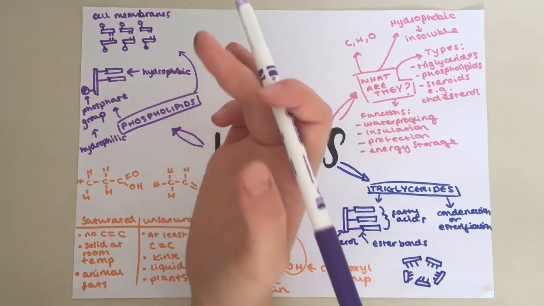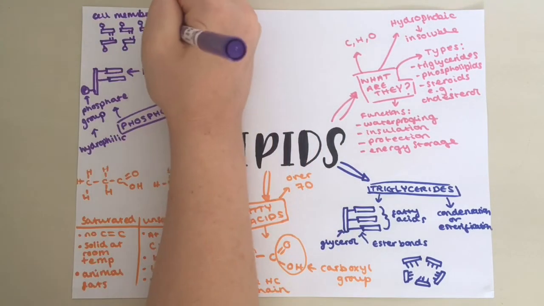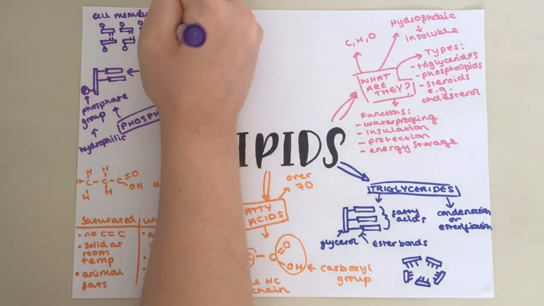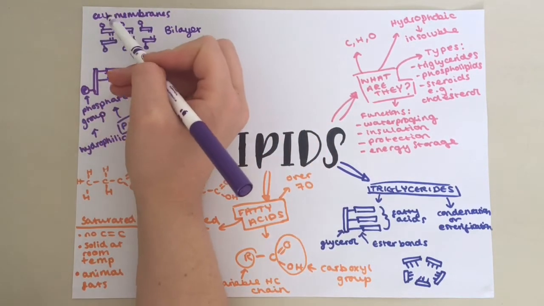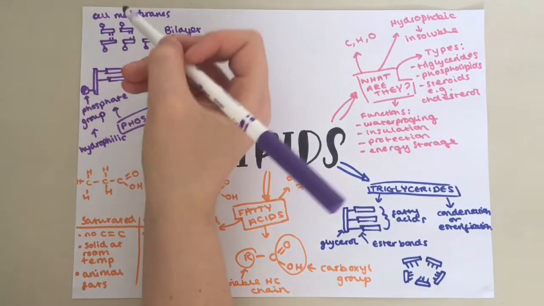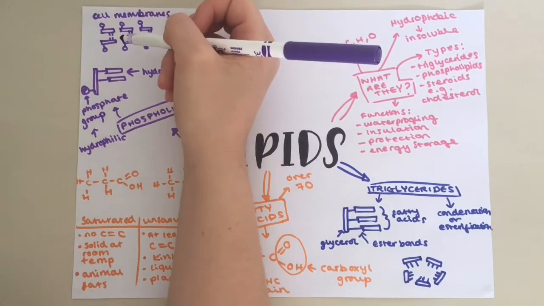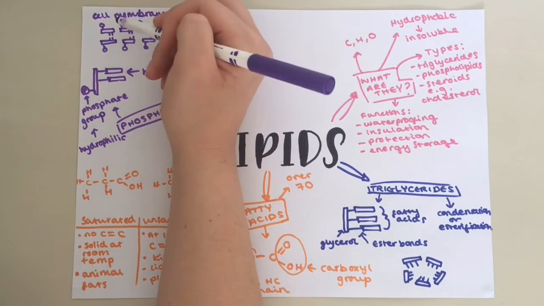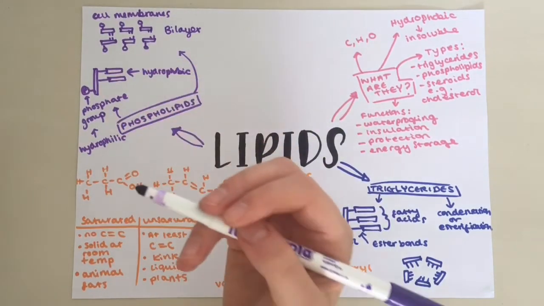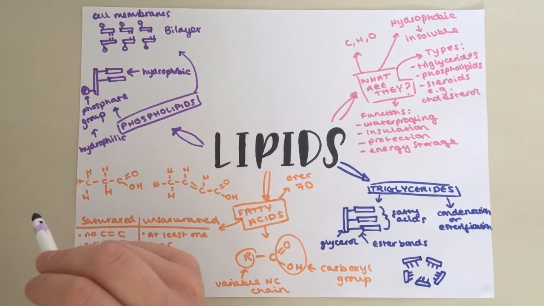Obviously in a cell membrane you'd have thousands. You've got this double layer known as a bilayer. Now the hydrophilic phosphate heads are facing outwards and the hydrophobic fatty acid tails are facing inwards, and this makes it quite hard for water-soluble substances to pass through, so the membrane is a barrier to those substances.